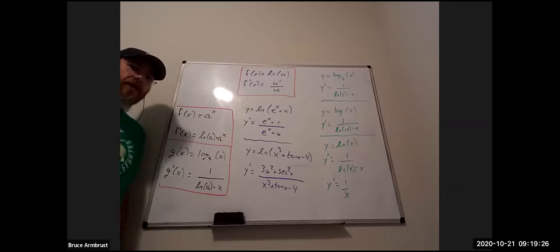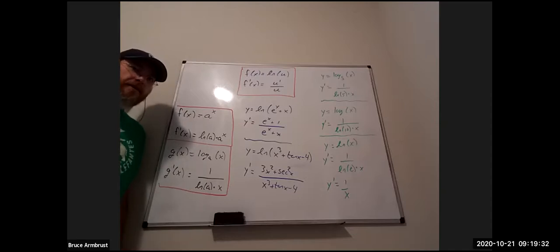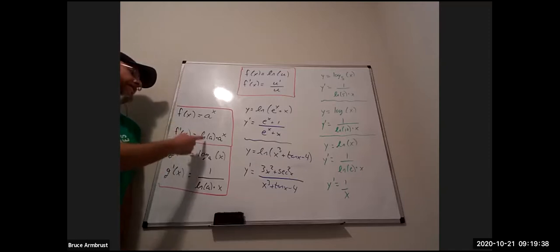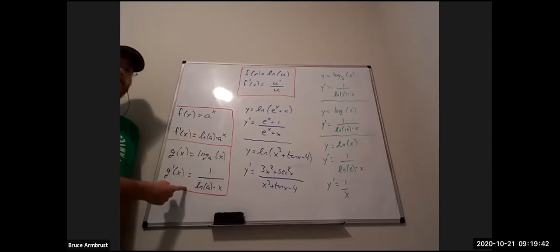There's no name for it. It's kind of like when we wrote the derivative of sine as cosine, we didn't have a name for that because it was just the derivative of sine. Same deal here. This is just the derivative of exponential functions. This is the derivative of log functions.